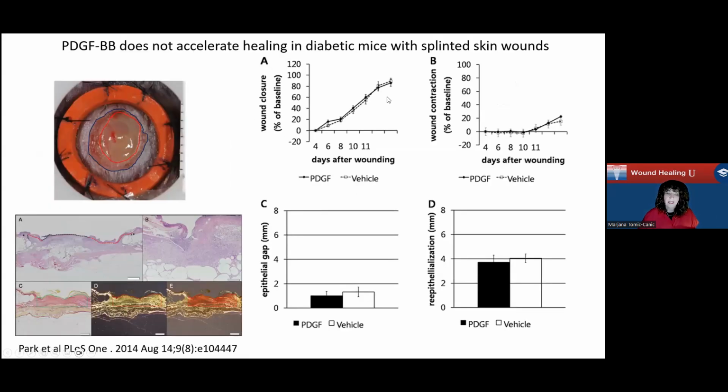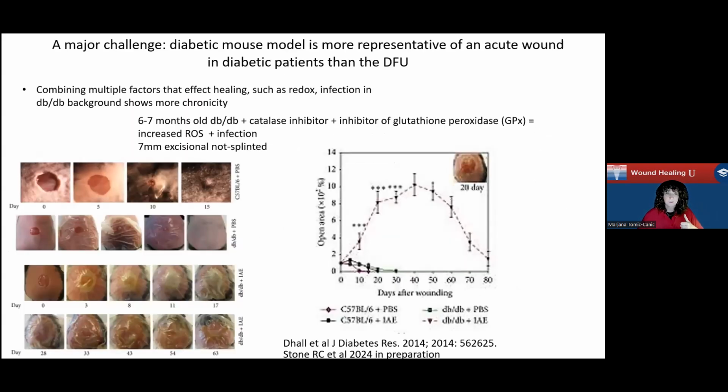But interestingly, if you use the silicone splinted wound, then you actually do not see this effect of stimulation of healing. Again, this is an approved therapy, and it helps a certain subset of patients. But I will say that the choice of the model really matters.